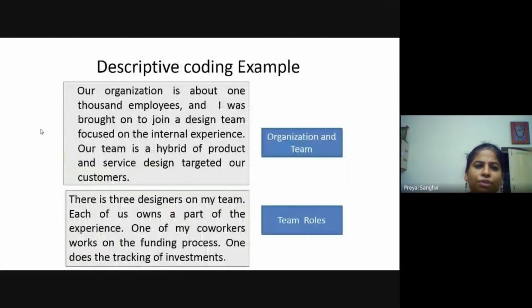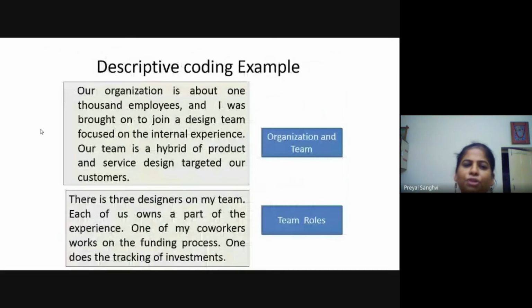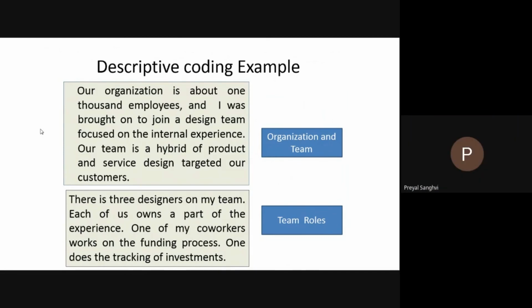Here we are going to discuss an example of all the types of coding: descriptive, in vivo and process. First we are going to discuss an example of descriptive coding, where we summarize. Here is one paragraph: our organization is about 1000 employees and I was brought on to join a design team focused on the internal experience.